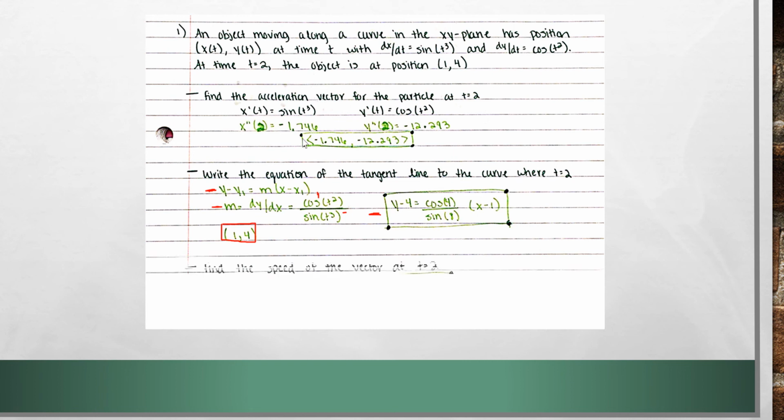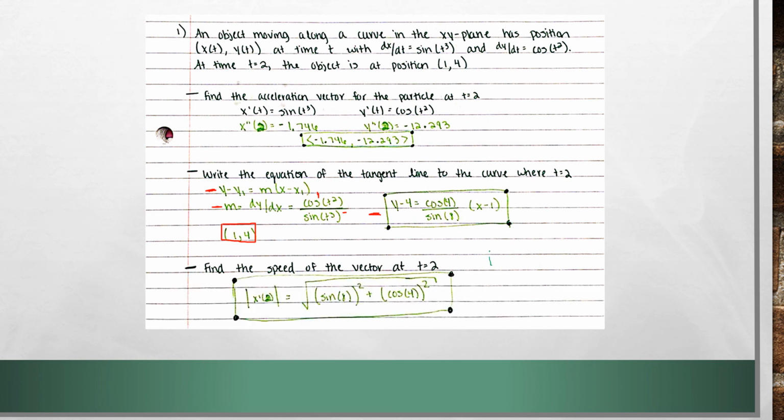The third part of the question wants us to find the speed of the particle at t equals 2. So we need to remember that speed is given by the formula square root of dx dt squared plus dy dt squared.